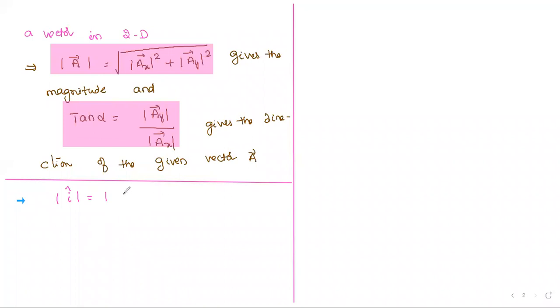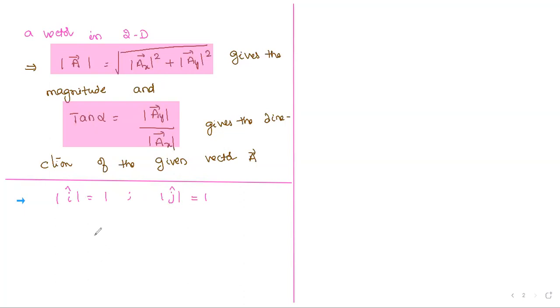Okay. Mod J cap. If anyone asks you, this time don't take much time. What is the mod J cap? Yeah, this time responding quickly. Right, okay, that's good. That's it. They are just unit vectors.